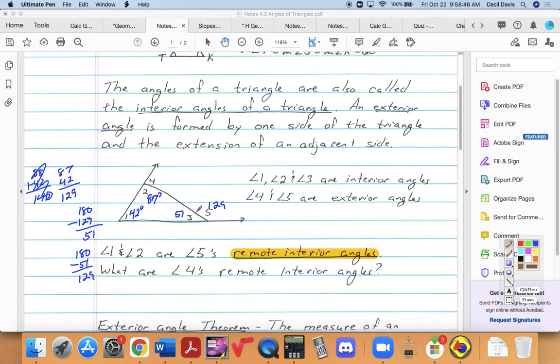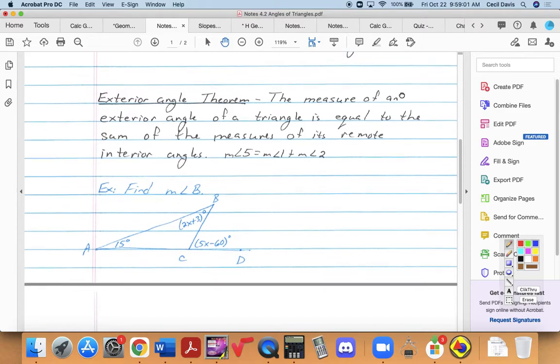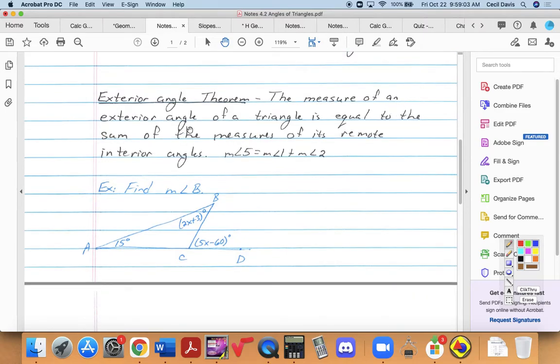Okay? So this exterior angle is equal to these two angles added together. That is always going to be true. It's called the exterior angle theorem. And it says the measure of an exterior angle of a triangle is equal to the sum of the measures of its remote interior angles.